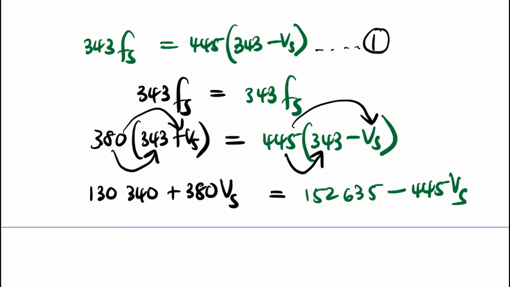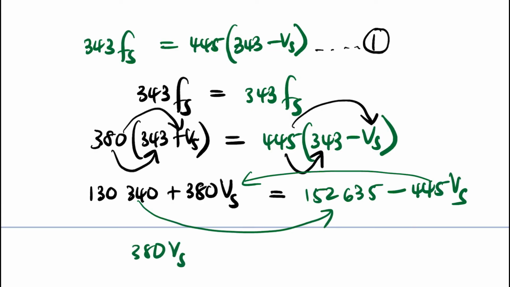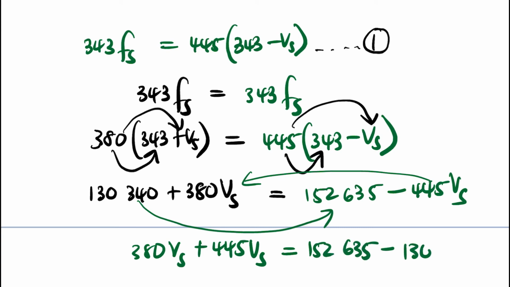So what I'm going to do now is transpose this to this side and this to this side. So I'm going to have 380 Vs plus 445 Vs equal to 152,635 minus 130,340. So the answer on this side would be 22,295.